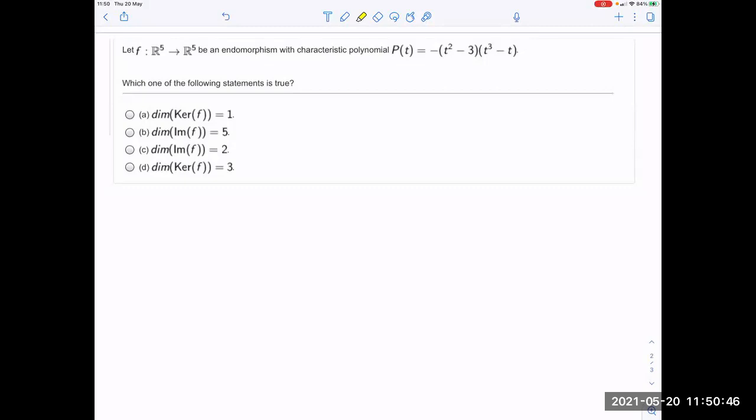So the idea is that the rank-nullity theorem must be used. So dimension of the kernel plus dimension of the image must be equal to 5. So this is probably part of the solving process, but we have this information about the characteristic polynomial. Okay.